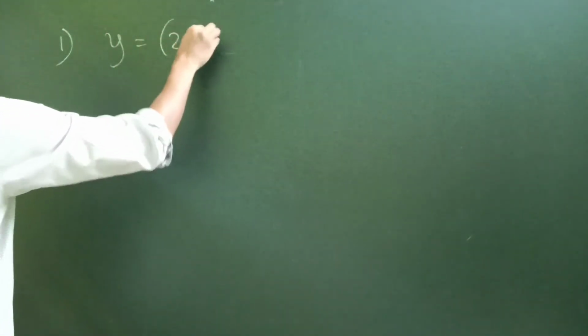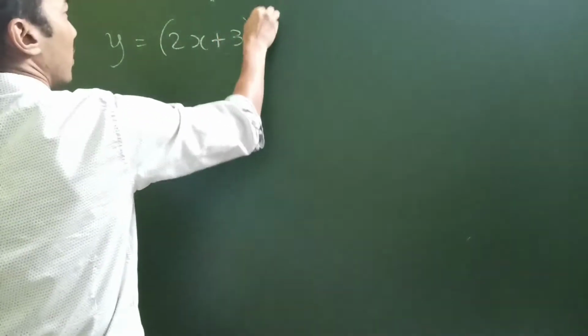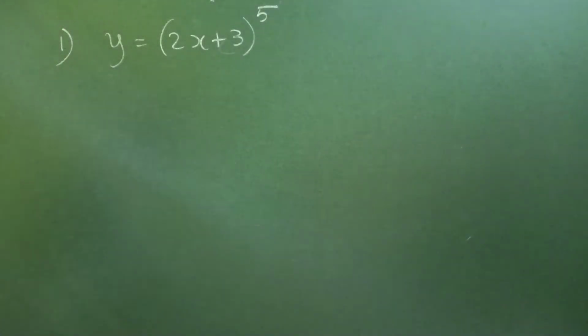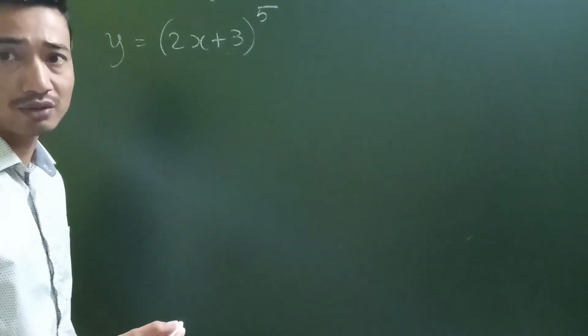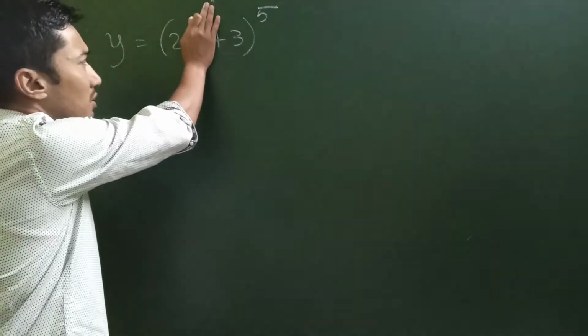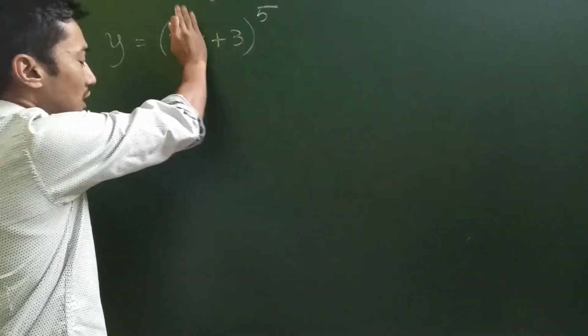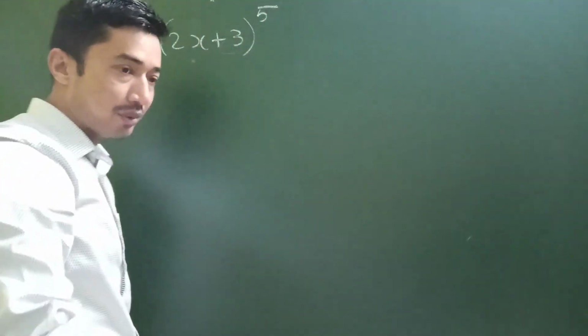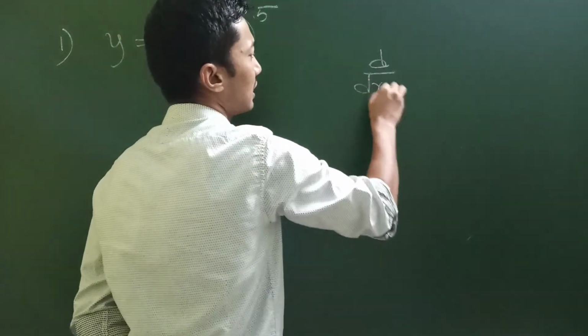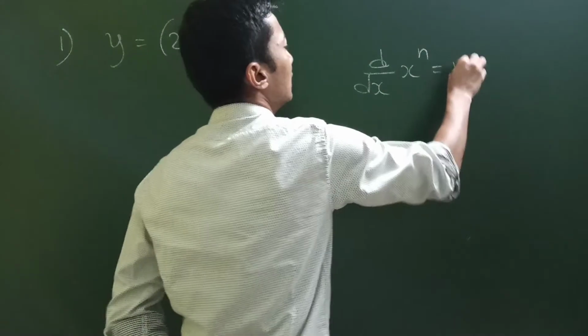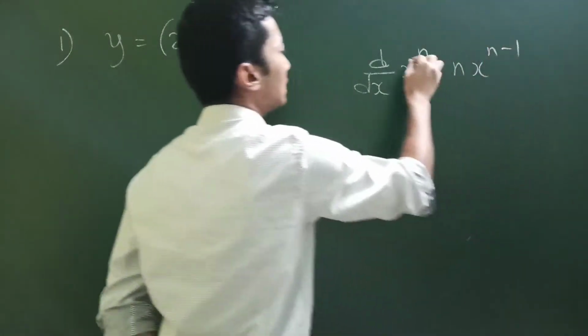Anyway, if that was really not very helpful, let's try another one. Let's say the question is (2x plus 3) whole power 5. Here also, could you identify how many functions are there? Not just one function, we have two functions. If you compare with class 11 differentiation, the formula given to you was the derivative of x power n is n x power n minus 1, but here it is not x.